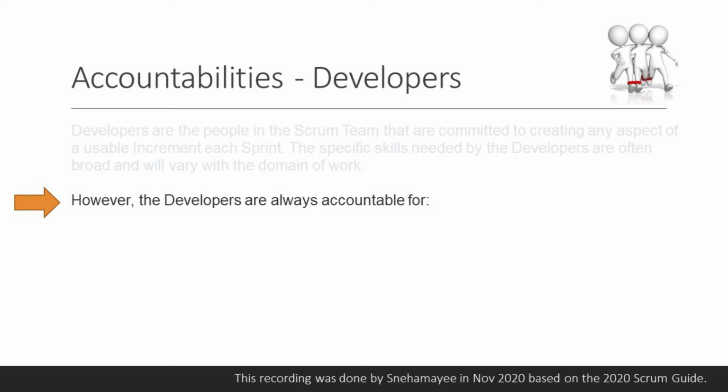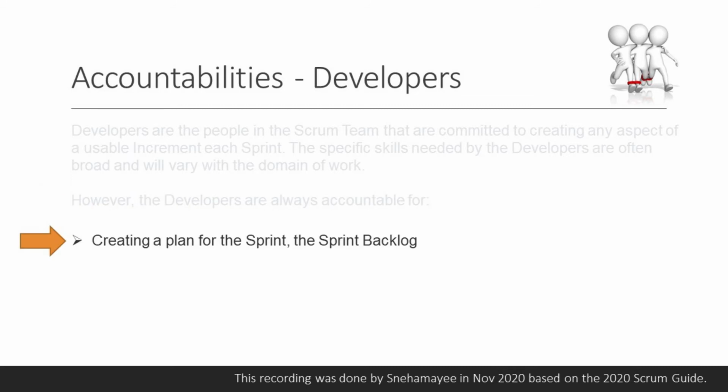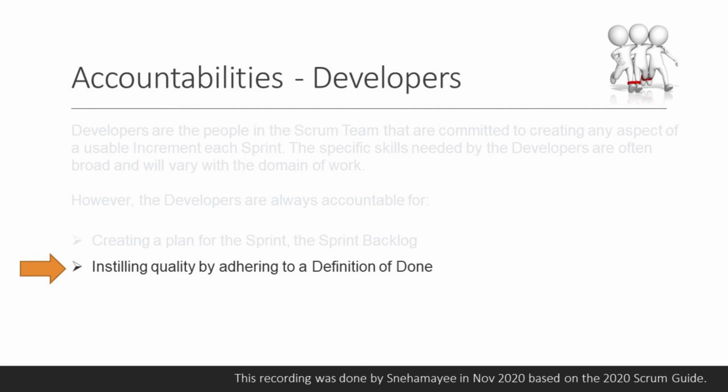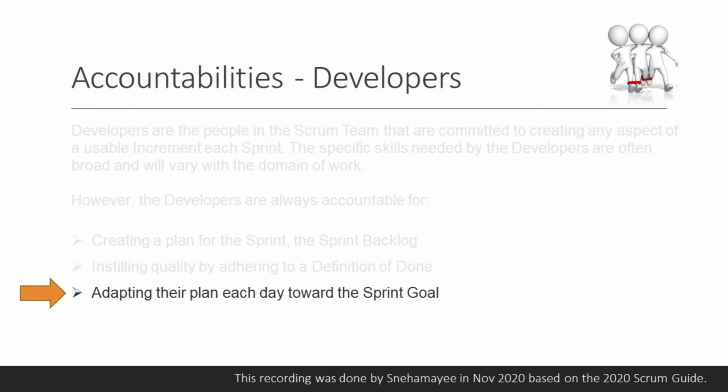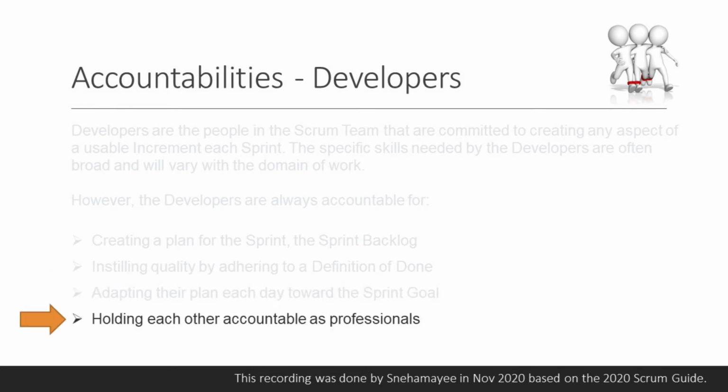However, the developers are always accountable for creating a plan for the sprint backlog, instilling quality by adhering to a definition of done, adapting their plan each day toward the sprint goal, holding each other accountable as professionals.